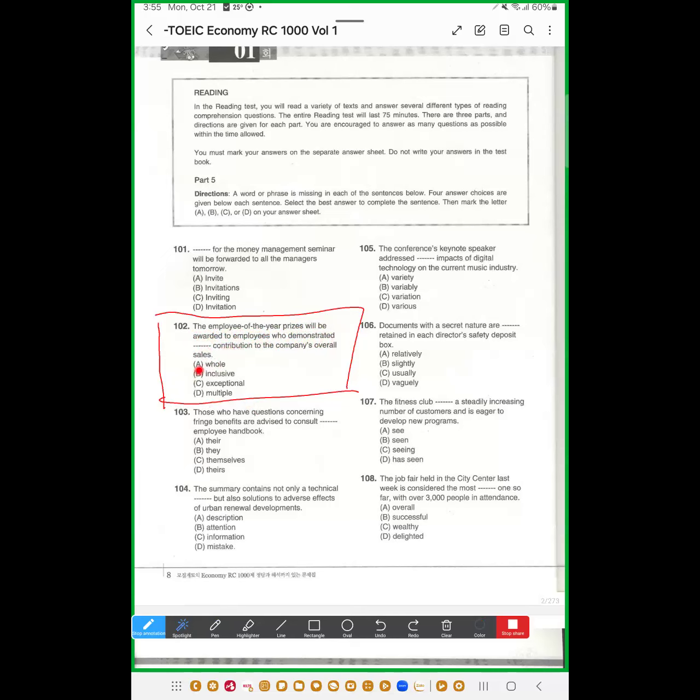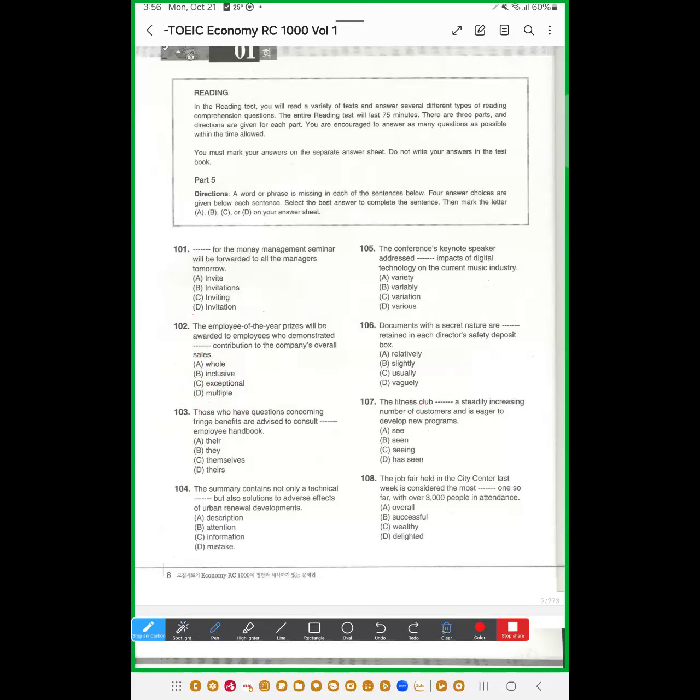How, inclusive, exceptional, multiple. Oh my gosh, these four choices are adjectives. These are the signs for you to recognize whether it is an adjective or not.